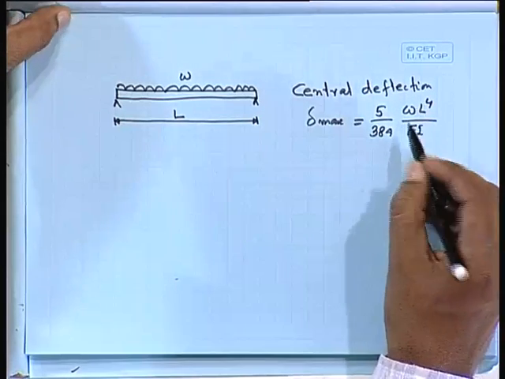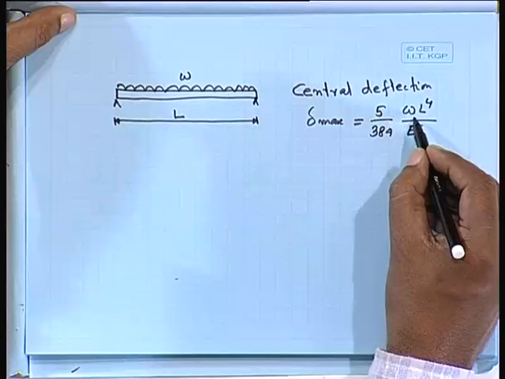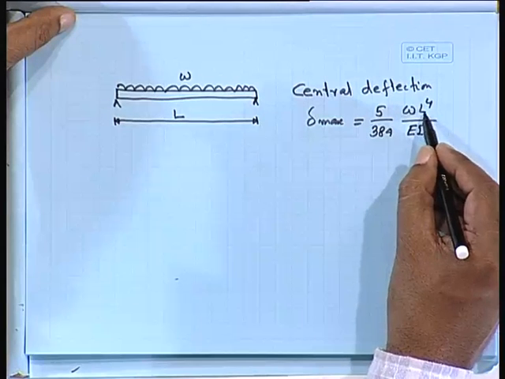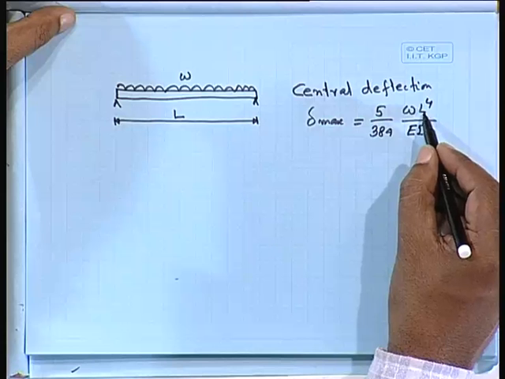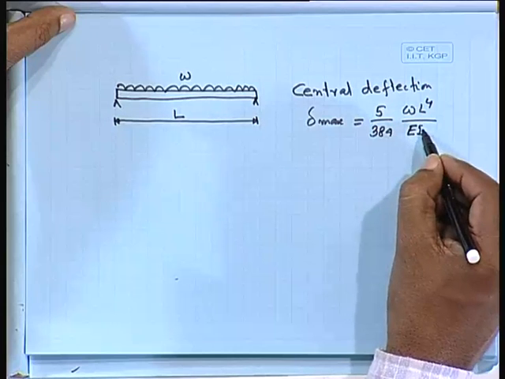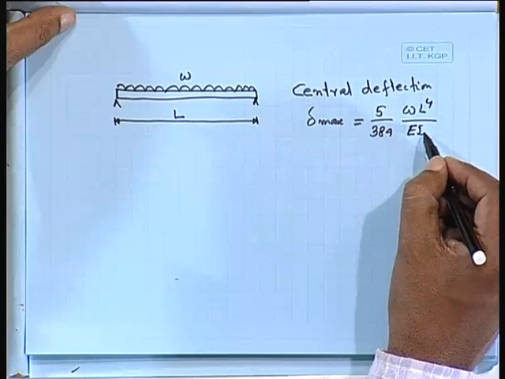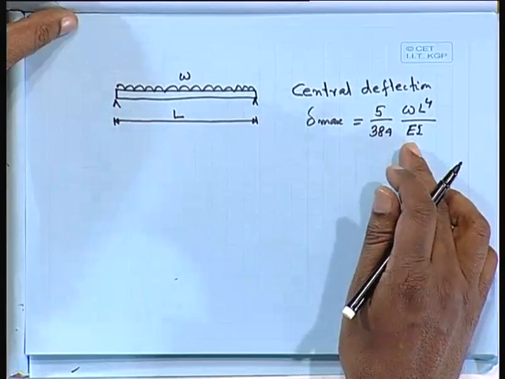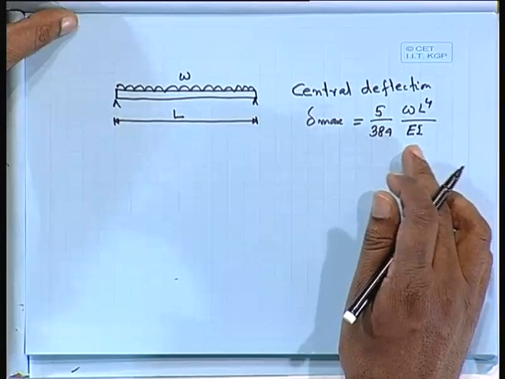We do not have any confusion regarding W, the uniformly distributed load over the span L, but we are having a problem with E and I, because for reinforced concrete, we have to calculate that E and I.